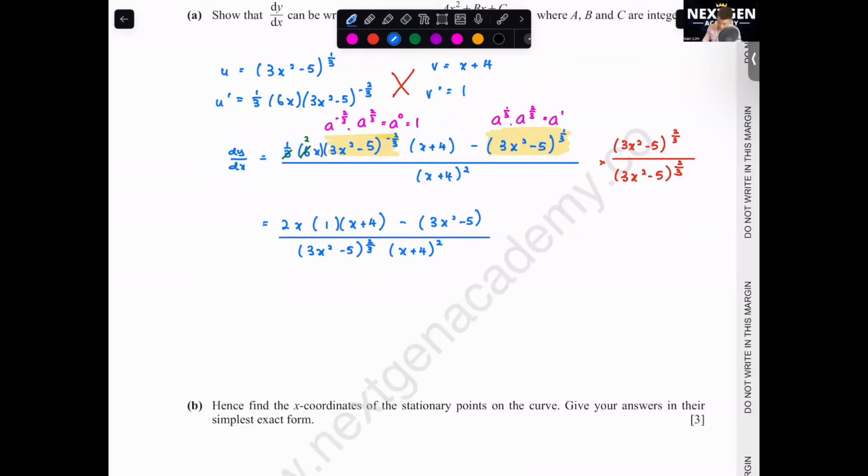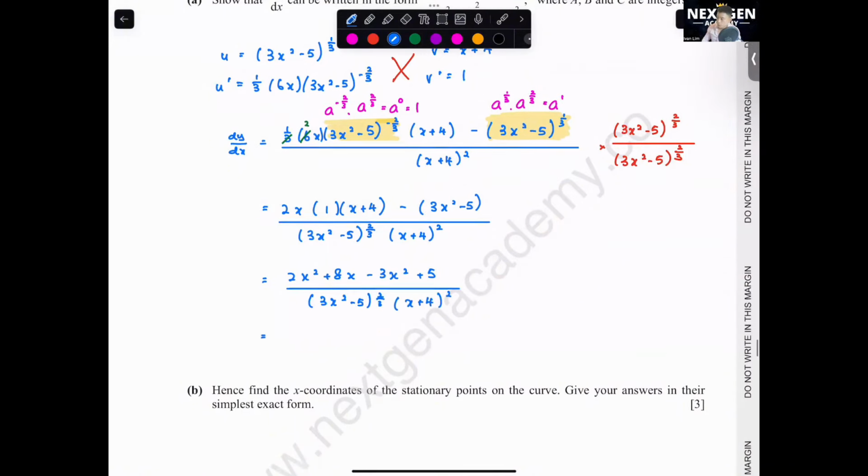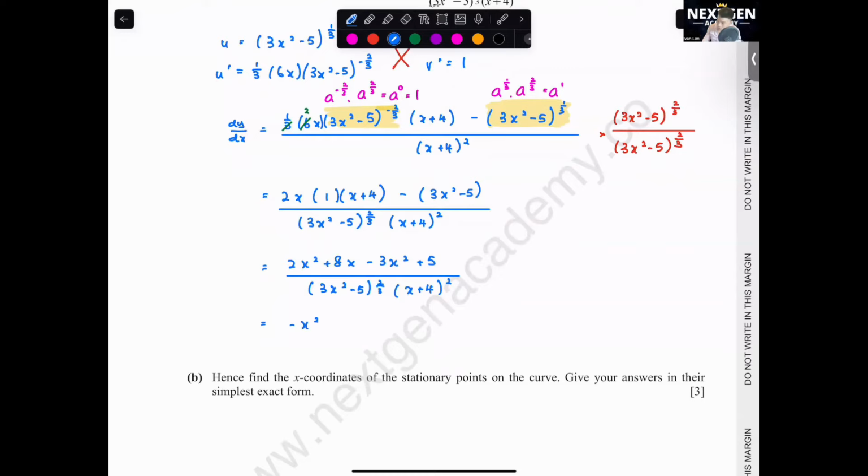Simplify the top: you get 2x squared plus 8x minus 3x squared plus 5. The final one we get is minus x squared plus 8x plus 5 over 3x squared minus 5 to the power of 2 over 3, x plus 4 squared.